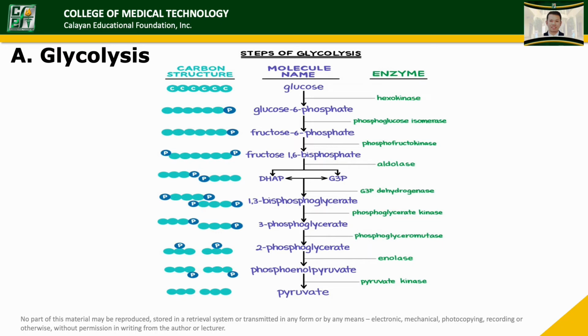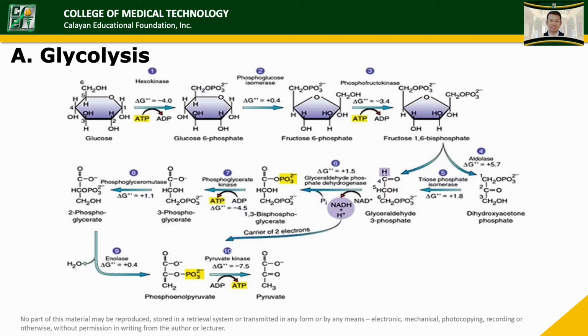So let us look into the chemistry aspect of the glycolysis process. Look at this one. These chemical reactions are the same as those of the previous slide. It's just that here we are able to see the different structures of the glucose molecule as well as the different molecules as they are converted from one form into another.